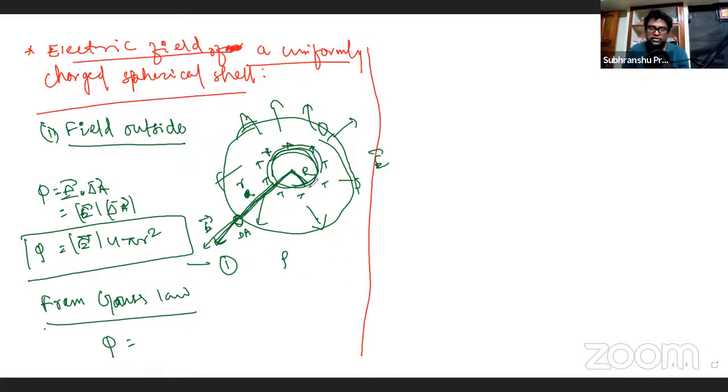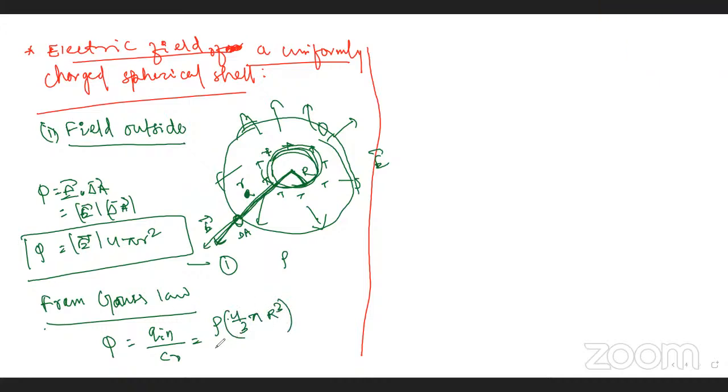So for this volume, what will be the charge? We will write flux equal to Q inside by epsilon naught, and Q inside is rho into the volume, that is 4 by 3 pi capital R cube.